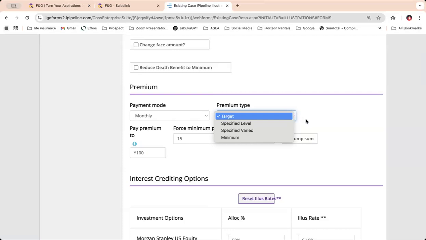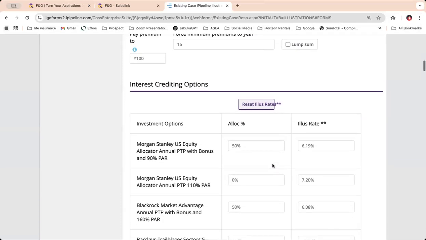So we can choose level, or vary, or minimum, depending on what the client needs. Wonderful. Thank you. Great response. That is true. You guys, I'm telling you, you know what's going on.